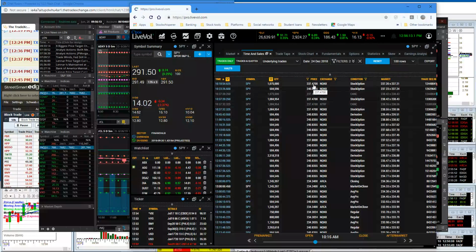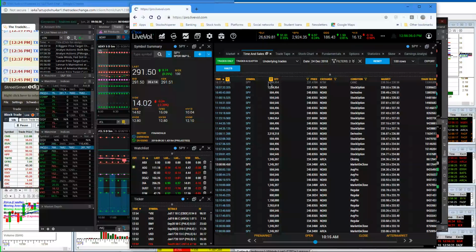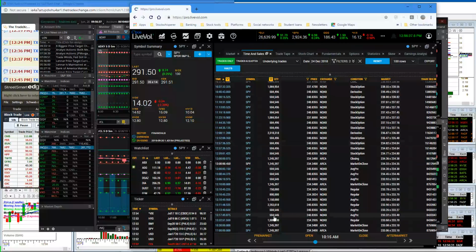Okay, on December 24th, let's look at these 504 prints. So we have 1, 2, 3, 4, 5, 6, 7, 8, 9, 10, 11, 12, 13, 14, 15. Quite a bit. Wait, there's more. 15, 16, 17. So that's about 8 million.